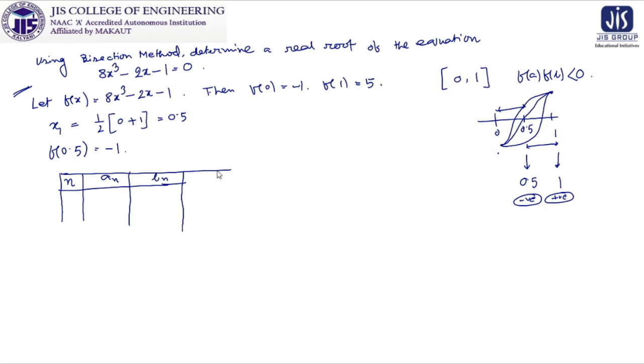This tabular representation actually helps us to do the calculation in a smoother manner. Xn plus 1 is nothing but half into an plus bn, and this is our checking part, because the functional value will dictate what choice we are going to make further.